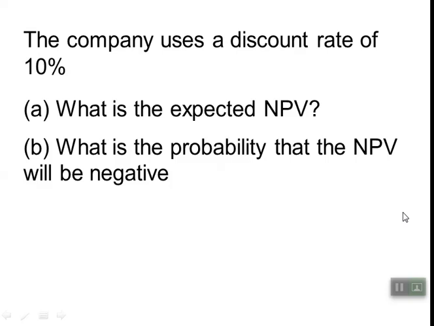How do we do it using a decision tree? Then after that, we are going to look at how to use a payoff table. So the first step in this question is to get the present value cash flows, because we are just given cash flows, but they are not yet discounted. So your first step is to get the present value cash flows, meaning you are going to discount the cash flows.